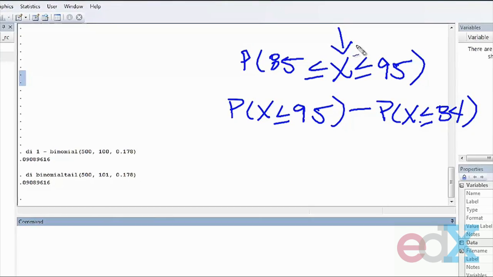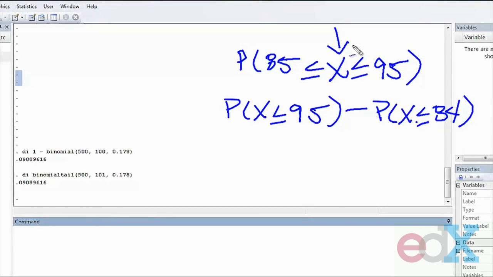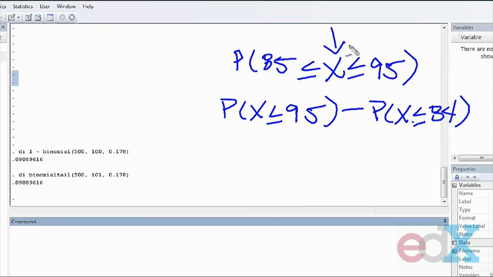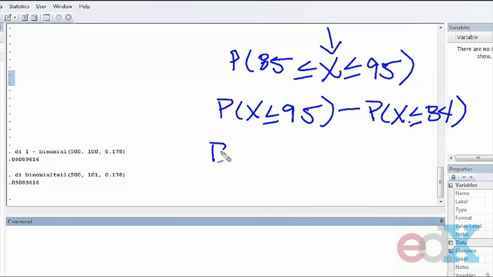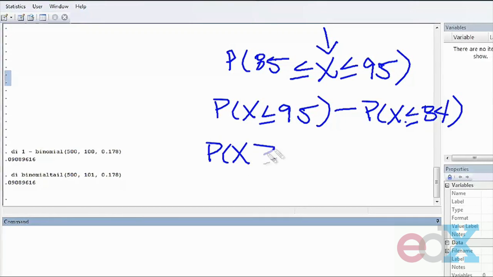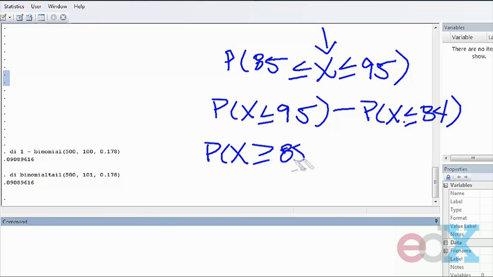This will give us exactly the probability that x is between 85 and 95. On the other hand, if we wanted to use the binomial tail command, we would need to calculate the probability that x is greater than or equal to 85, and then subtract off the probability that x is greater than or equal to 96. So now let's do those calculations in Stata.